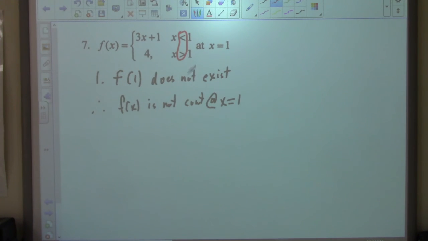Yeah, because when I saw it, I got 1. Now what happens if the middle one said something like 5 at x equals 1, right? But it doesn't. This is 1 for x less than 1, and for x greater than 1.